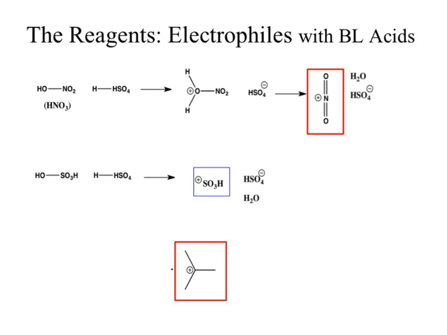Last one. What's the electrophile here? What atom? Carbon. Good. It's our central carbon. How can we make this positive carbon? Yes, there are a couple answers here.